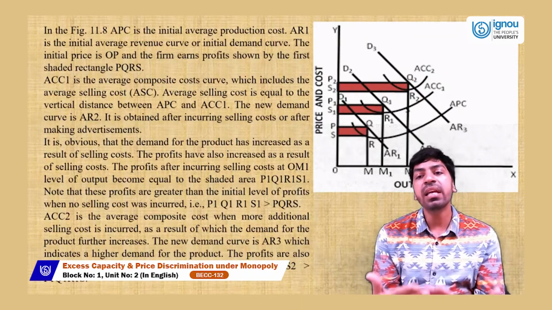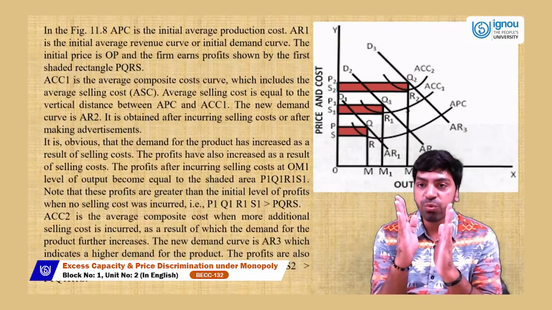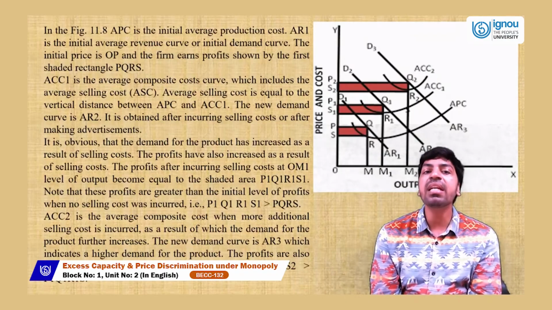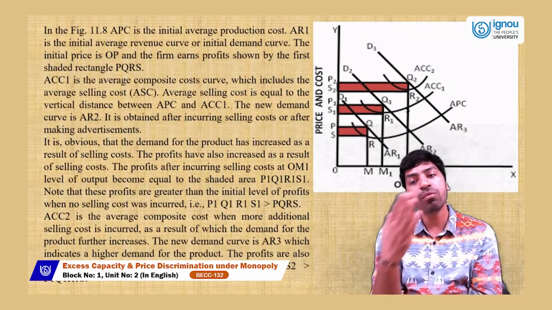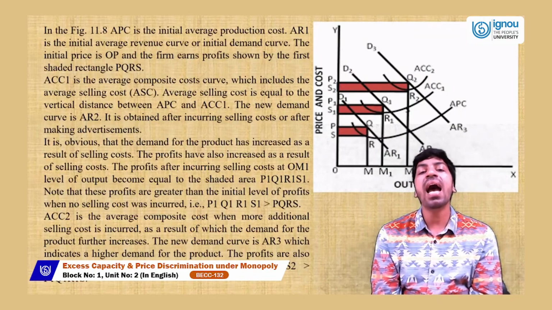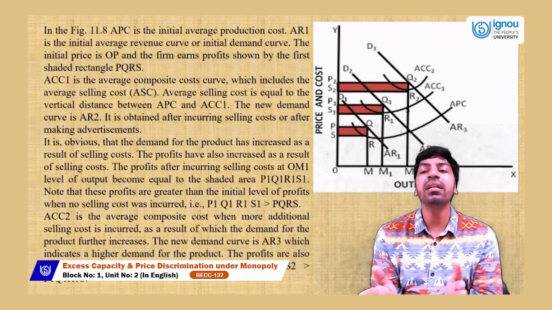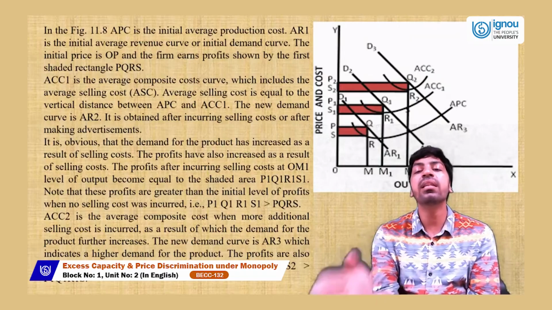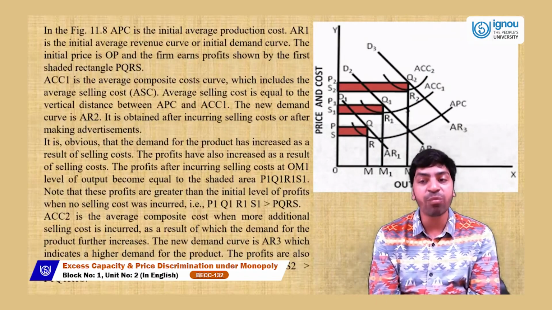The difference between the APC and ACC1, which is the selling cost, is used to derive a new curve, that is called average revenue 2. That means the second curve is above the initial average revenue curve, that is AR1.